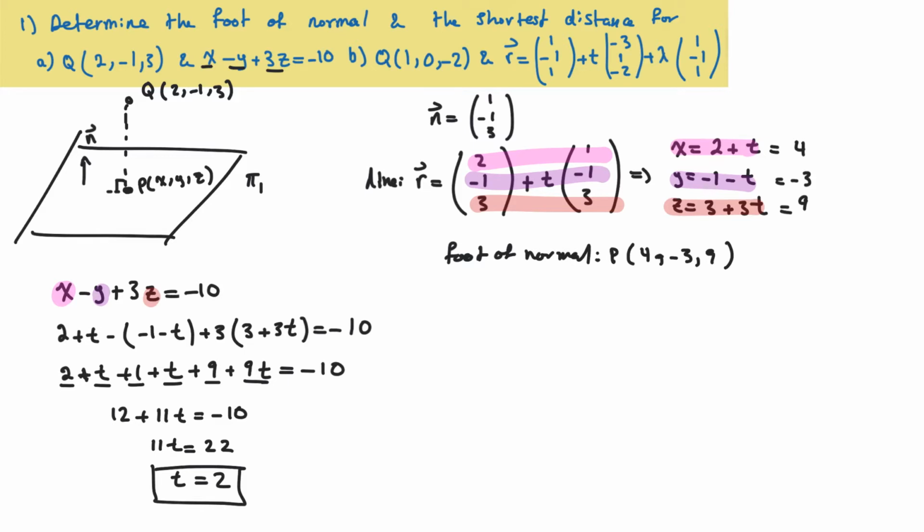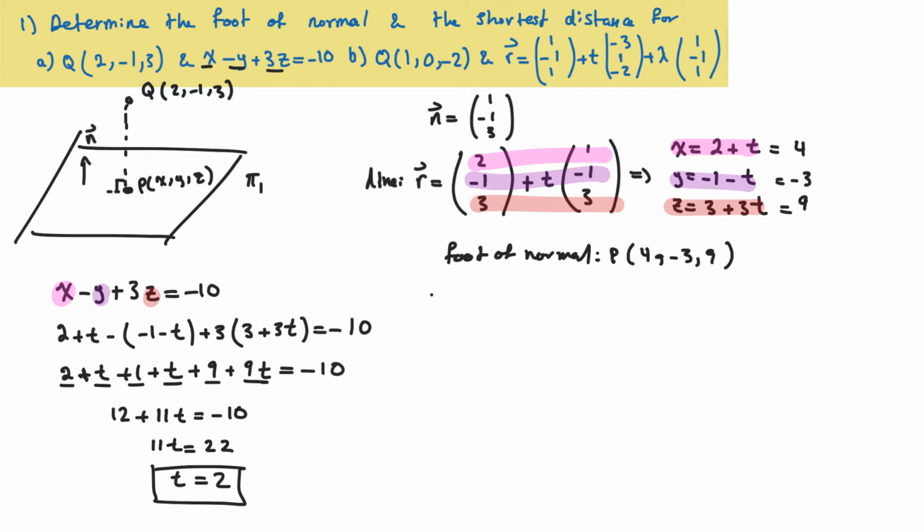Once we have this, we can find the shortest distance. Let's assume that we didn't know the equation for the shortest distance. Then all we would need is the vector QP and its magnitude, because that's going to be the shortest possible distance.